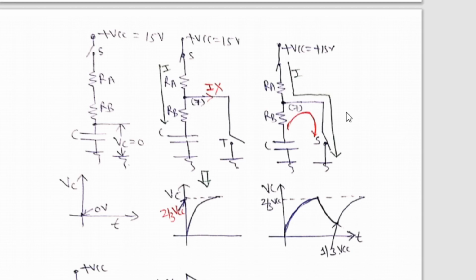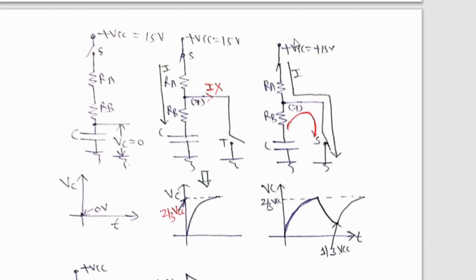When Q bar becomes 1, the transistor behaves as a closed switch. So what happens here? When the transistor is a closed switch, the capacitor already charged to 2/3 voltage will start discharging now through RB only, because this point is connected to the ground, short circuited. So the capacitor discharges through RB. This is one action that happens. I have shown it with the help of red pen.